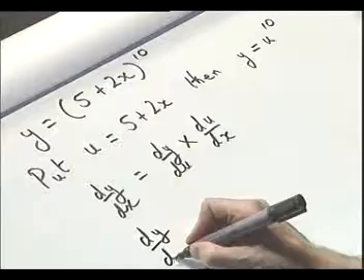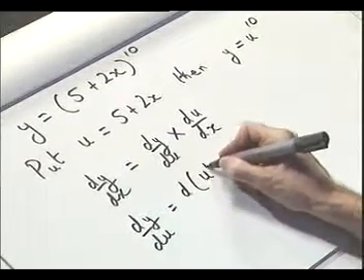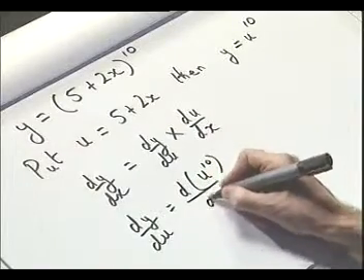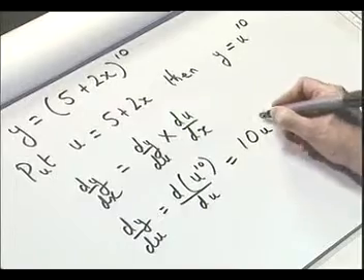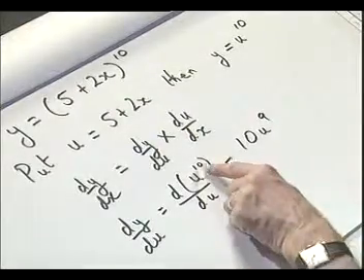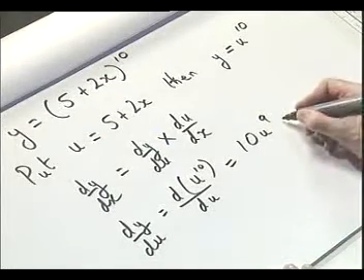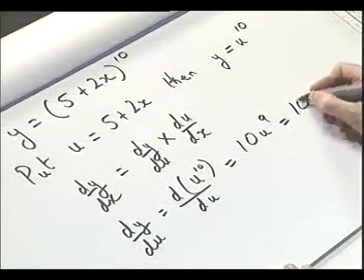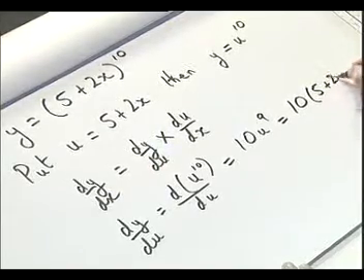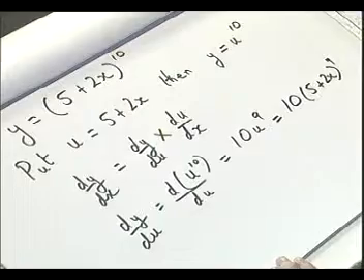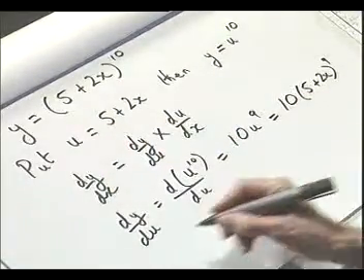dy by du is the derivative of u to the power 10 with respect to u, which is 10u to the power 9. Remember, we multiply by the index and take 1 off the index to give us 9. And so that's 10 times (5 plus 2x) to the power 9, replacing the u by 5 plus 2x.